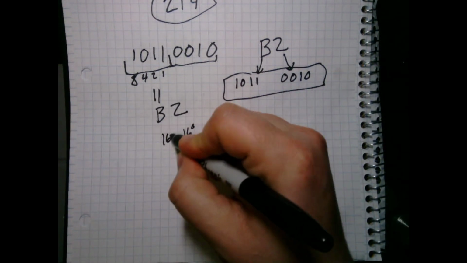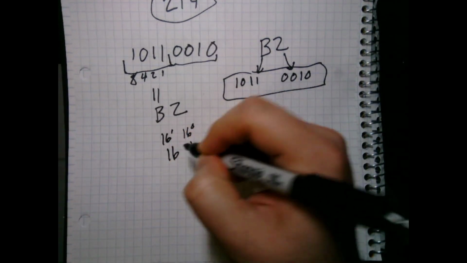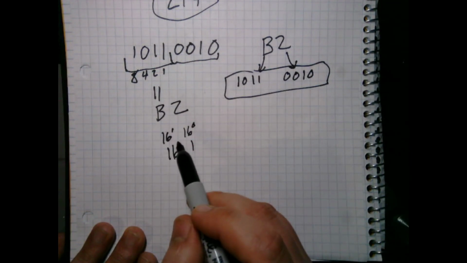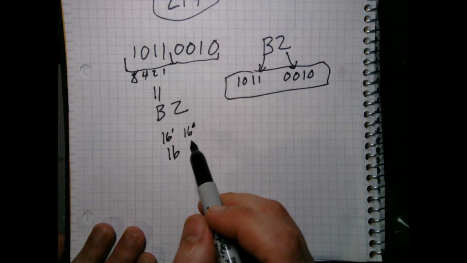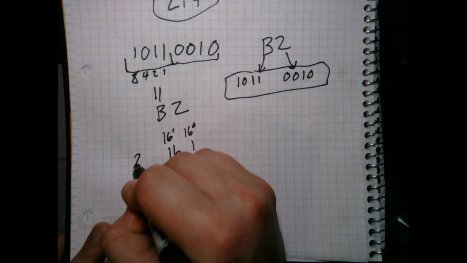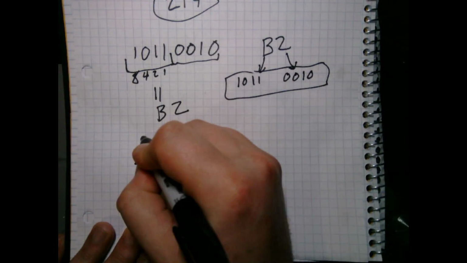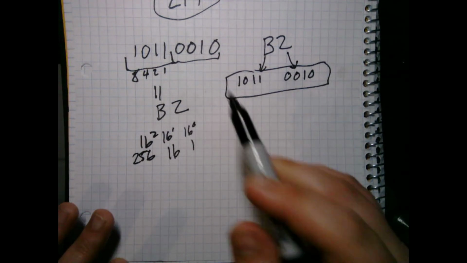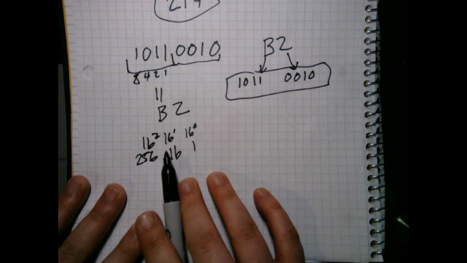Second column is 16 to the first, which is 16. If we were to continue, this would jump to 256, or 16 squared, for the third column, and so on. But for this number, we just have 2 columns, so we just need to worry about these 2 weights.